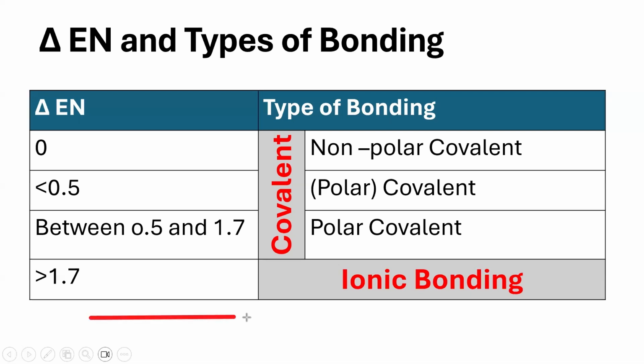So we can represent the polarity starting from 0 and ending with 4, because electronegativity difference is a value between 0 and 4. And here is 2, the middle.